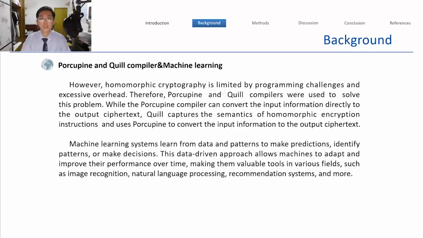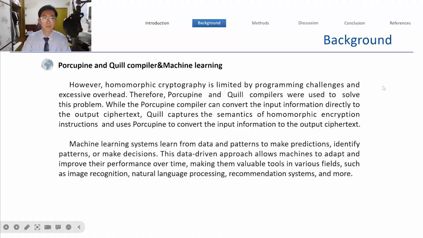Therefore, ProCompile and QCompilers were used to solve this problem, while the ProCompile compiler can convert the input information directly to the output ciphertext. Quill captures the same semantics of homomorphic encryption instructions and uses ProCompile to convert the input information to the output ciphertext.